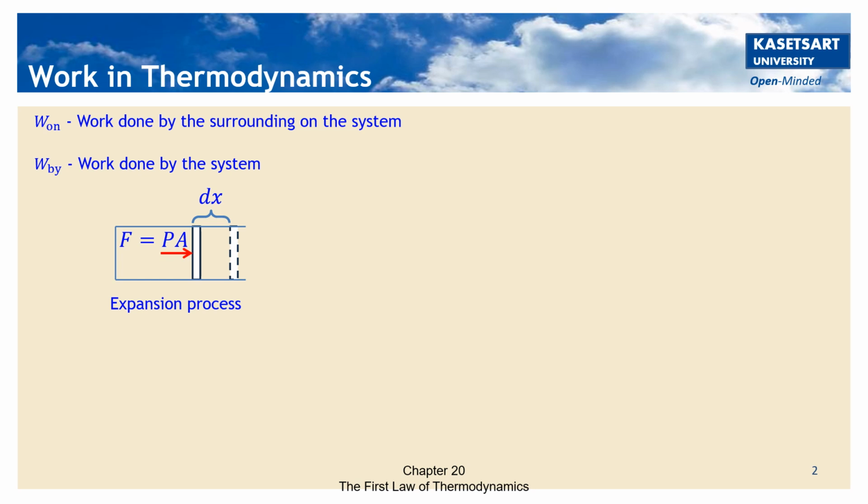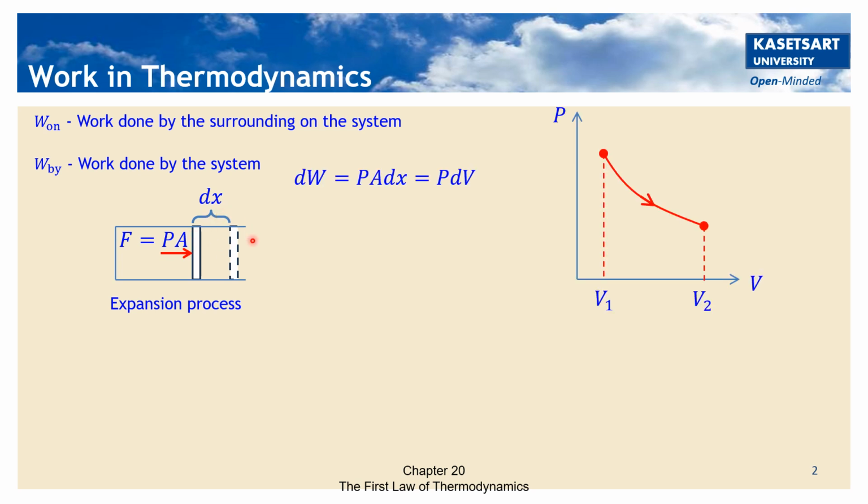So if we look at the system in an expansion process, we have a cylinder that can move. The system makes a force equal to pressure times cross-section area. And this cylinder moves a distance dx. So in this process, the pressure inside changes, and also the volume changes from V1 to V2, and V2 is greater than V1.